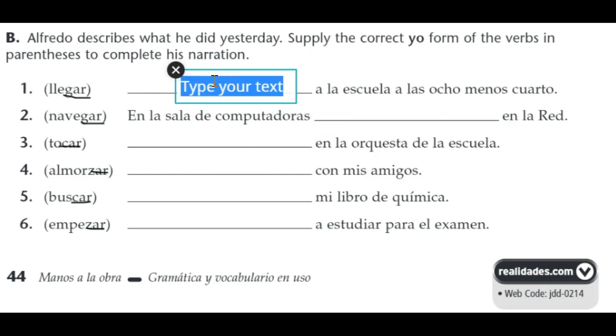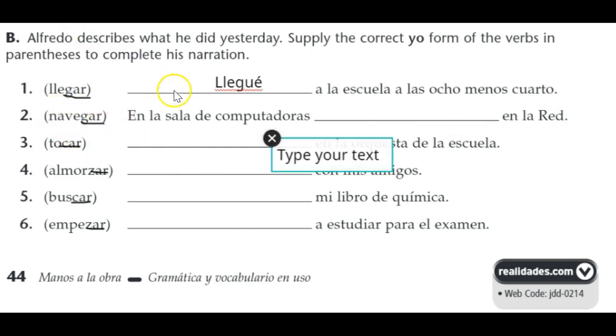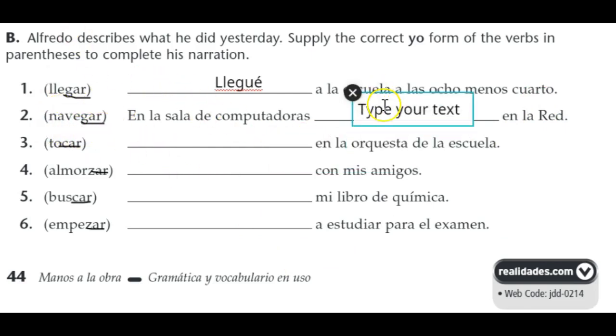Okay? So llegar would be llegué. You have to have that U in there to preserve the hard G sound. Llegué a la escuela. I arrived at school a las 7:45. Navegar, right? To sail or to surf. Usually nowadays we use it for navigating, to surf the internet.